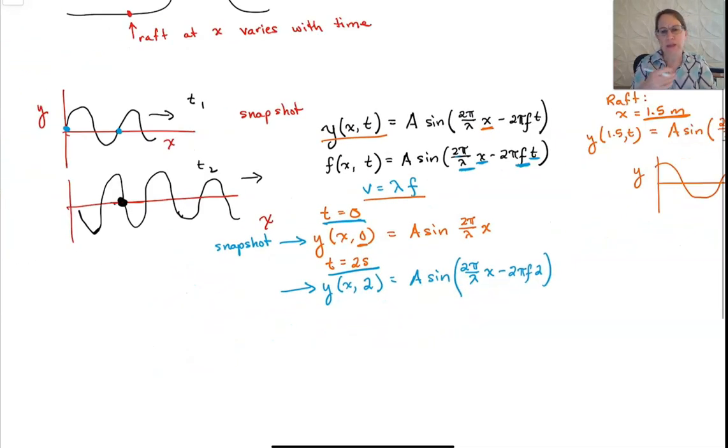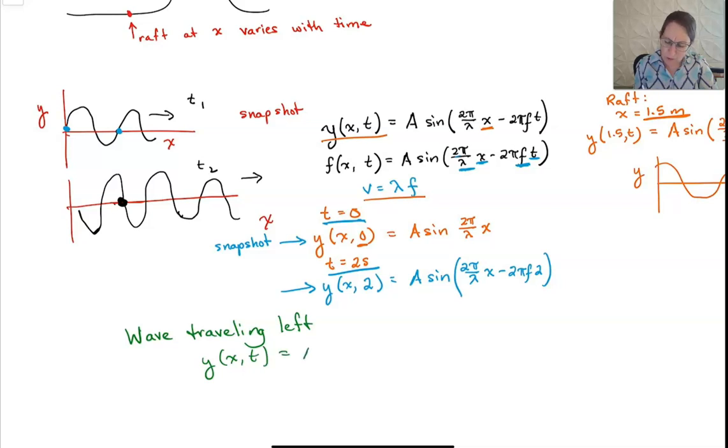If you want to look at a wave traveling to the right versus a wave traveling to the left, it turns out that the expression is exactly the same. We just change the sign: plus 2 pi frequency times time.